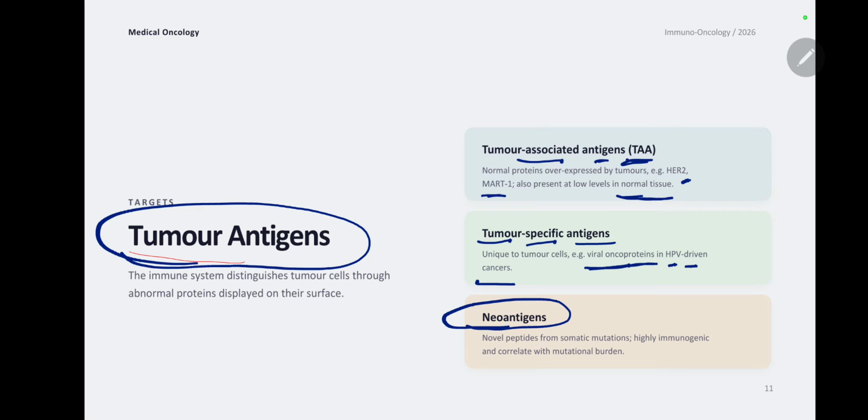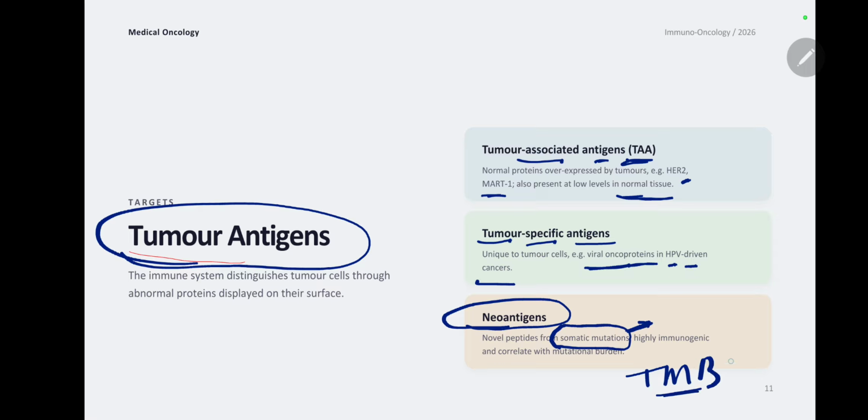During the disease or during the treatment and disease progression, some somatic mutations also develop, and that is called neoantigen. When the mutation burden is high, that means the somatic mutation production is very high, that is called tumor mutation burden, TMB.